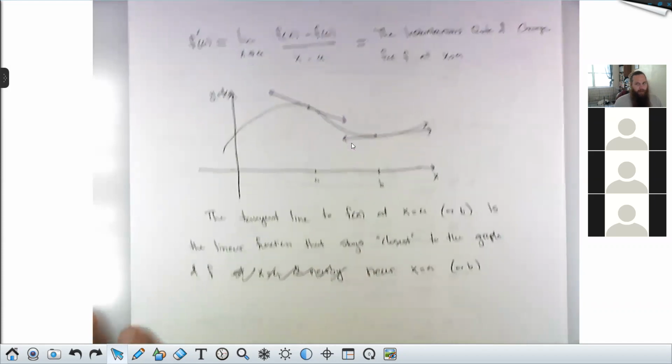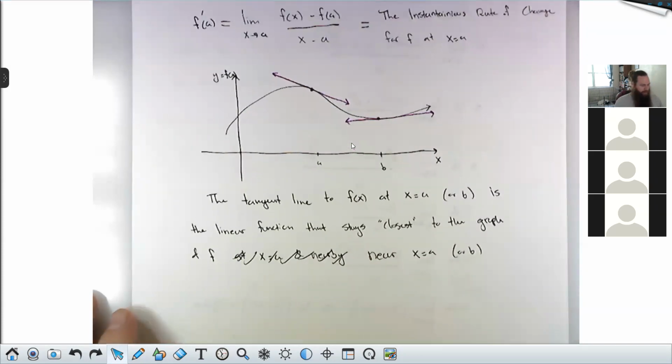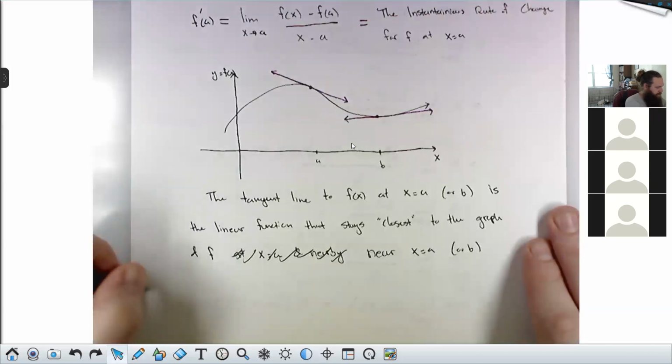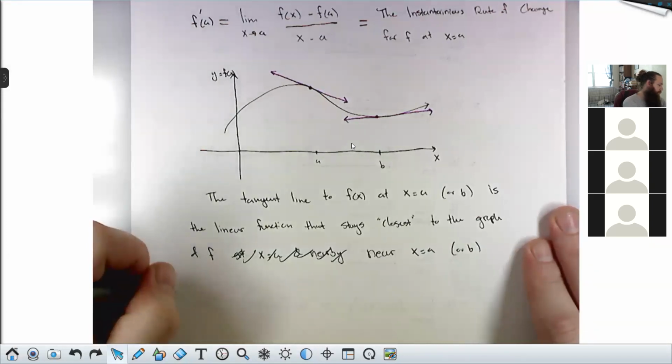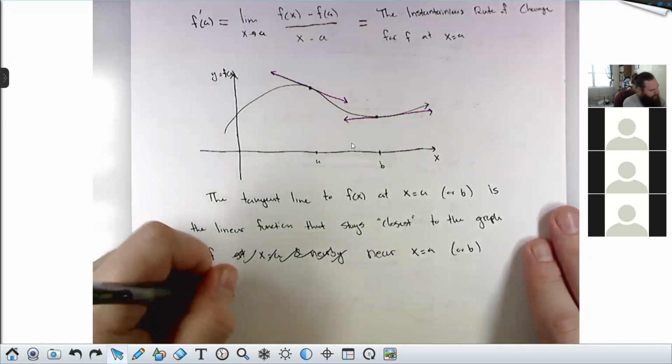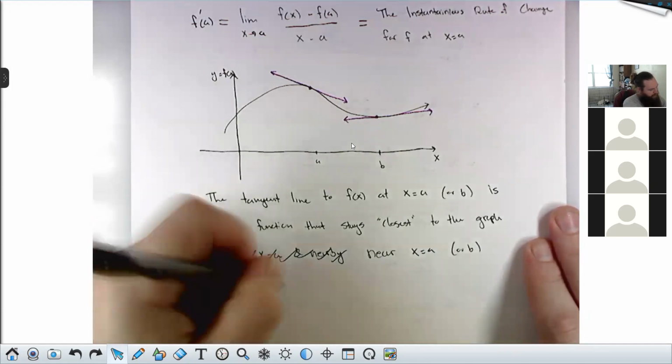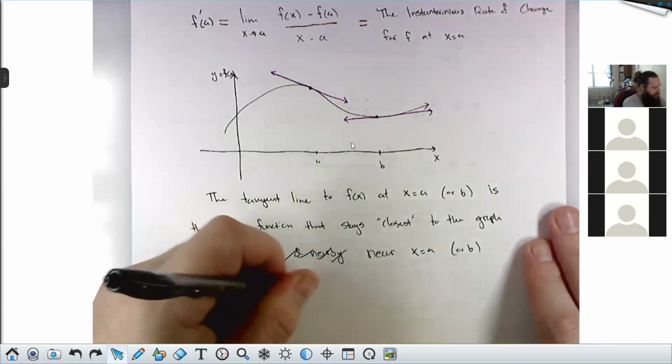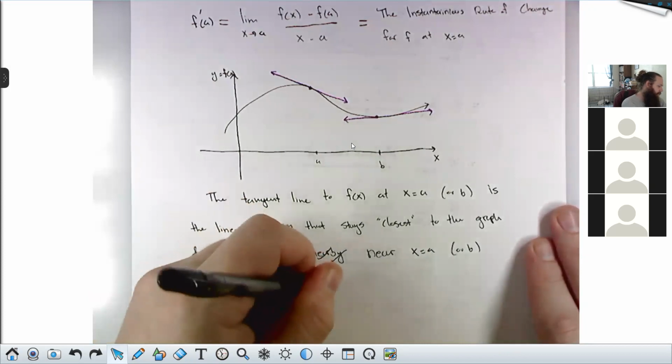All right. In parting, I have a question. Suppose f of x is the sine function.